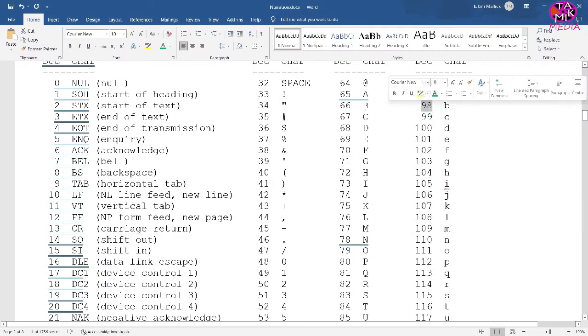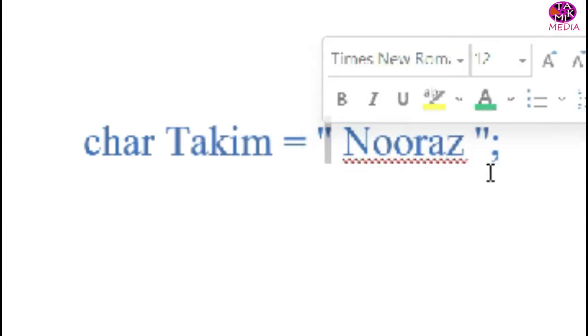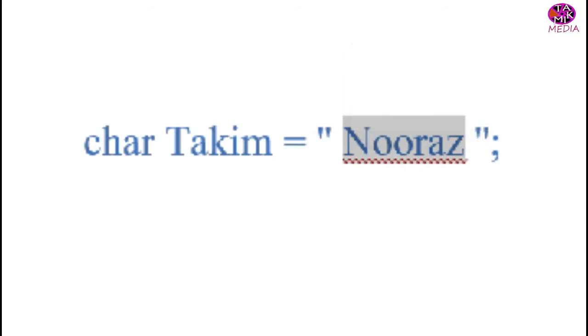This is it. Those are for a single character, and for multiple characters you have to write in double quotation like this. This is my variable name and this is the value. See, here I have used double quotation, and as value there are a few letters.